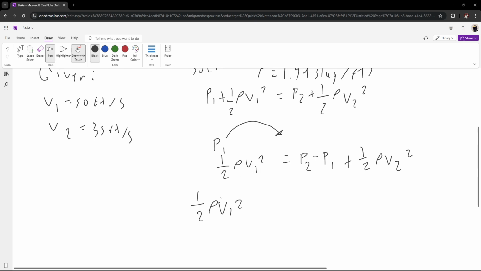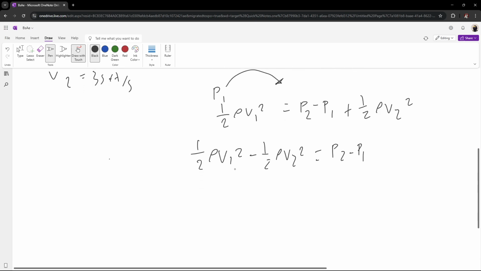So this will be 1/2 rho V1 squared minus 1/2 rho V2 squared, which is equal to P2 minus P1, or PB minus PA. Now since the 2 and the rho are constant, we can simplify it out. 1/2 rho times V1 squared minus V2 squared is equal to P2 minus P1.